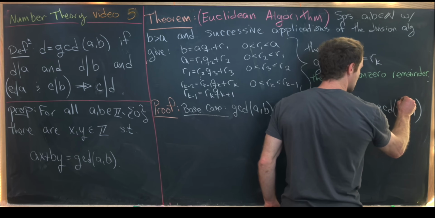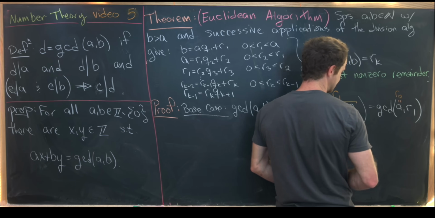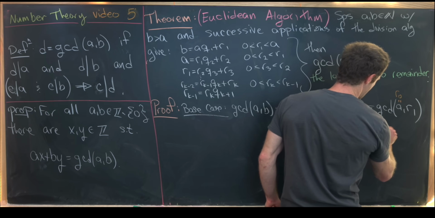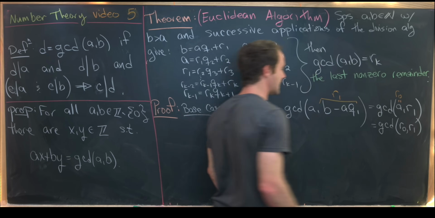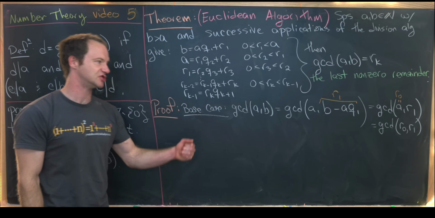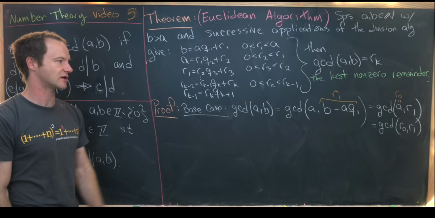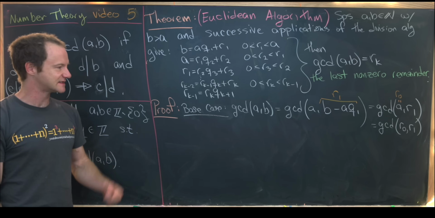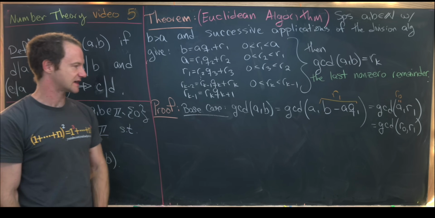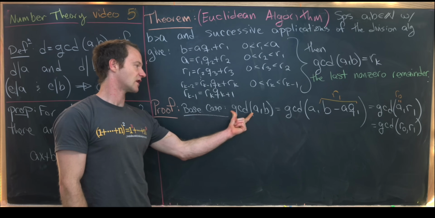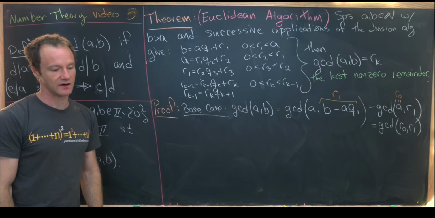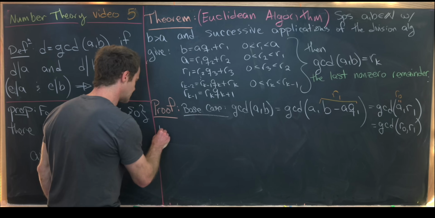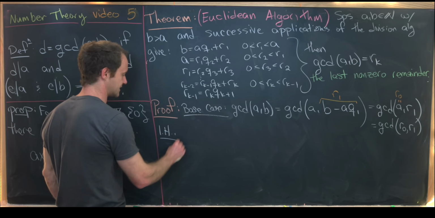So we might as well rename a r0. So that means what we really have is that the GCD of a and b is the same thing as the GCD of the 0th remainder and the first remainder. That sets up our base case. So like I said, our base case is writing the GCD of our goal object in terms of GCDs of remainders. So now let's go ahead and make an induction hypothesis.